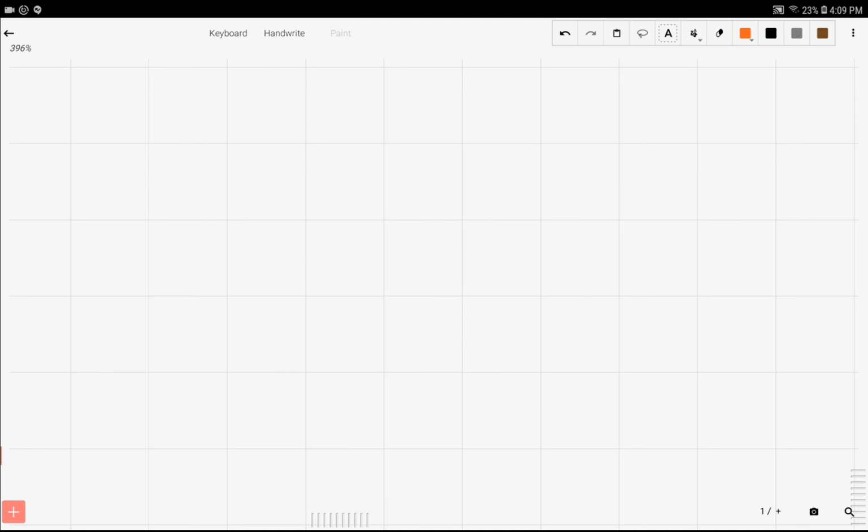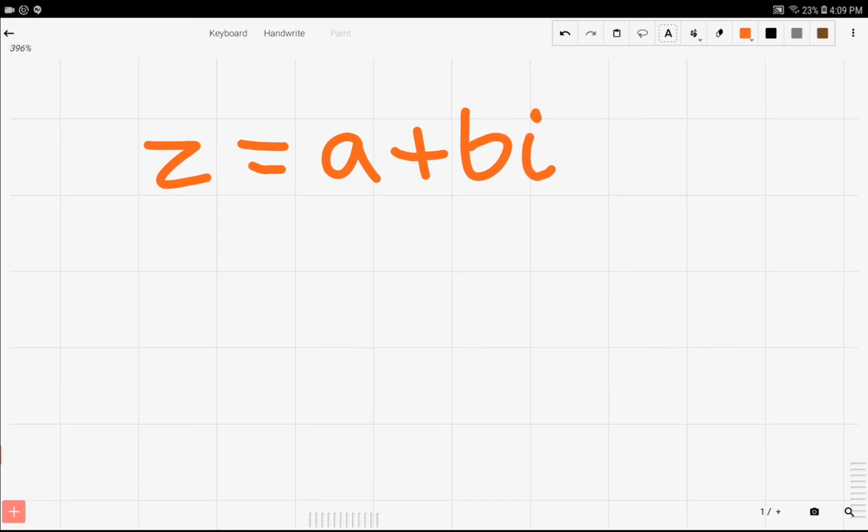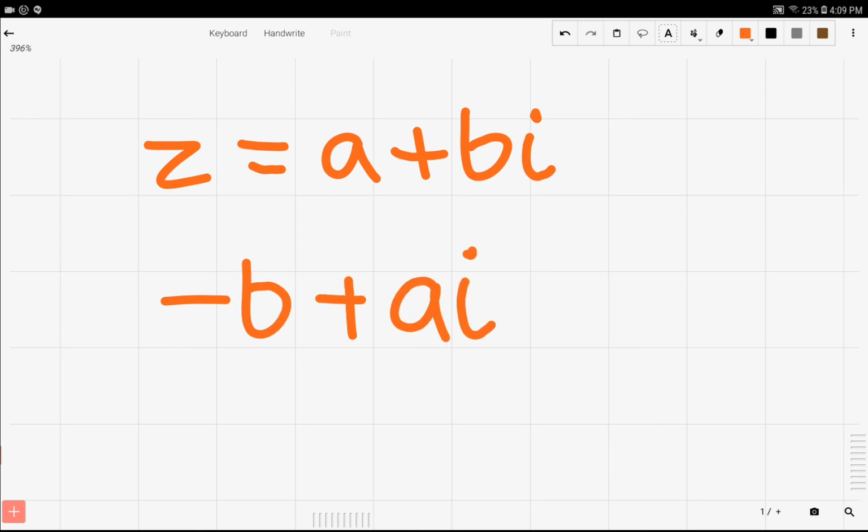Now, before we end this video, I have a quick sneak peek of what we're doing in a future video. It's related to trigonometry, but you won't see it right now because all I'm doing right now is multiplying a complex number by i, and you'll see what happens. So we have z is equal to a plus bi, and we're going to multiply this by i, so this becomes negative b plus ai.